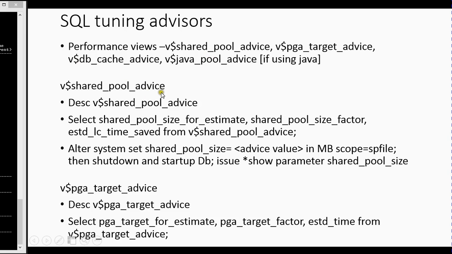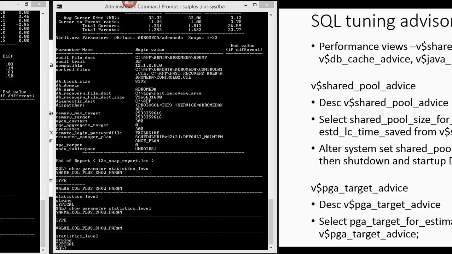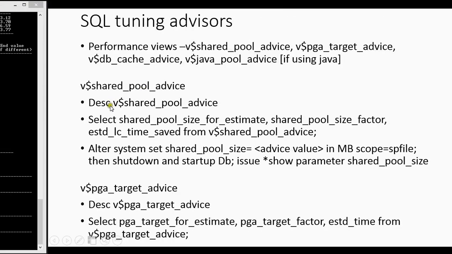Okay, so what I'll actually do now is take you through each advisor, and I want to show you how to do the setting for the recommendation that Oracle has given you. First I'm going to focus on the shared pool advice.